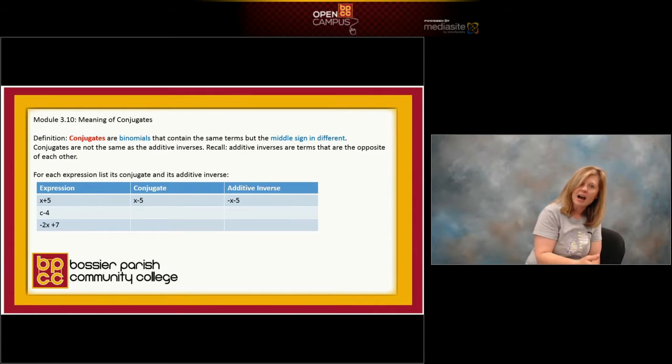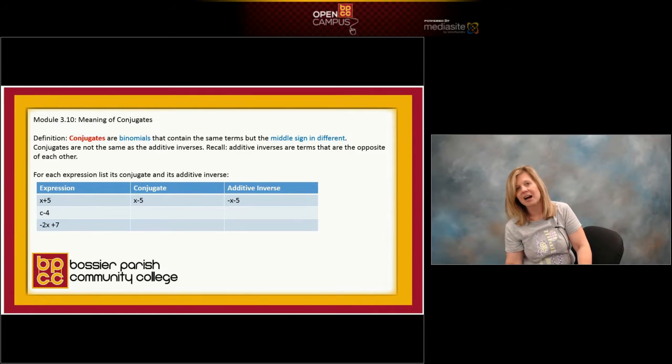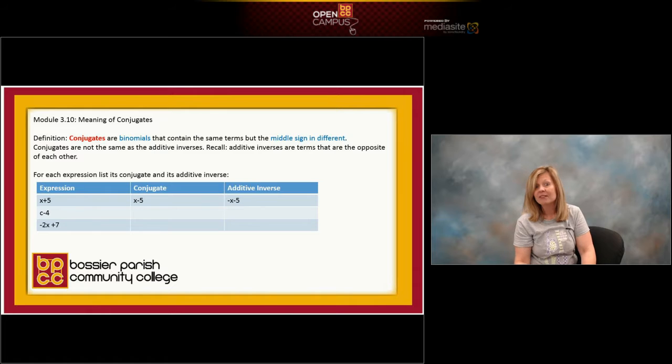And the opposite of 5 would be negative 5. So the additive inverse of x plus 5 would be negative x minus 5. And if you look closely, the additive inverse, negative x minus 5, is not the same thing as writing the conjugate, x minus 5. So that's the important part you need to understand.